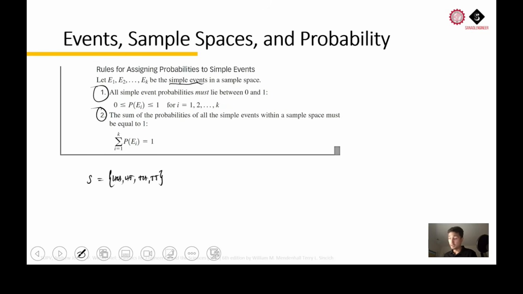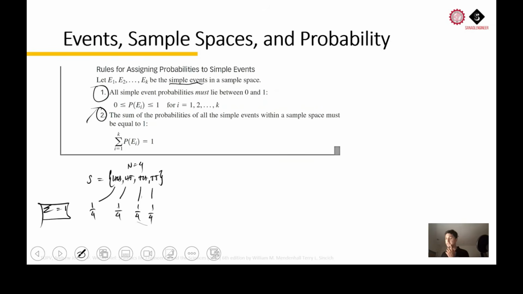So this is one simple event, one simple event, one simple event, and the total number is 4. So this is 1/4, 1/4, 1/4, and 1/4. And if you add all these probabilities for HH, HT, TH, and TT, you would always sum up to 1. Okay? So that is the meaning of rule number 2.